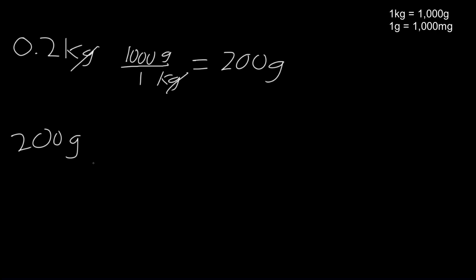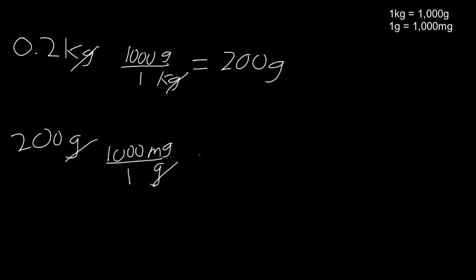Now that I have 200 grams, I'm going to convert that to milligrams. It's the same as before, except now we're doing grams to milligrams. So I know 1 gram is 1,000 milligrams. So now we just multiply. I get rid of the grams, and I'm left with 200 times 1,000.